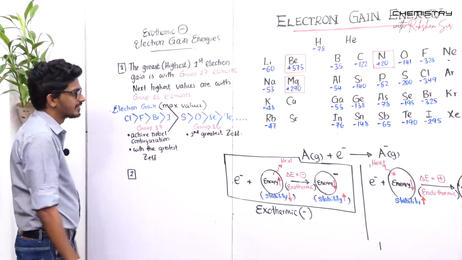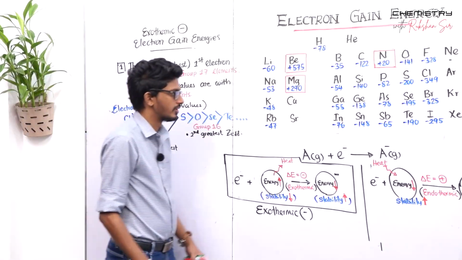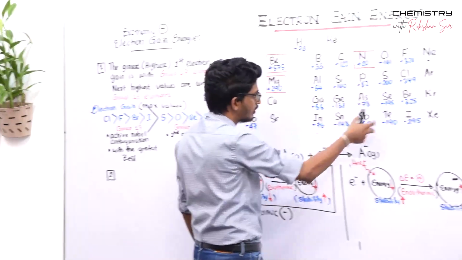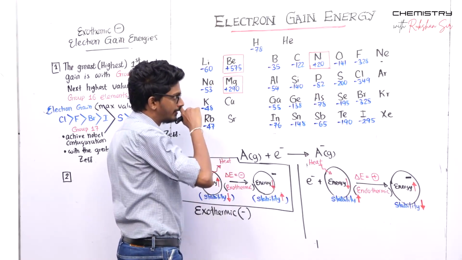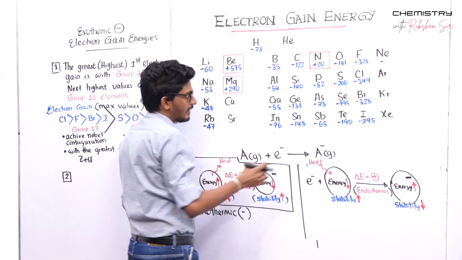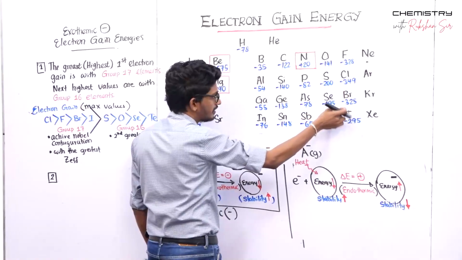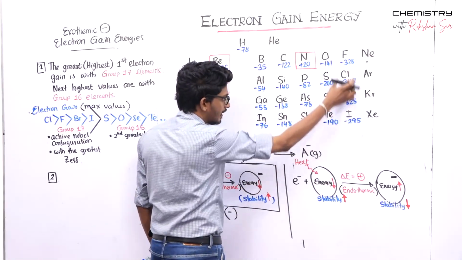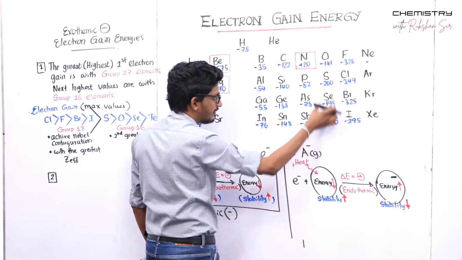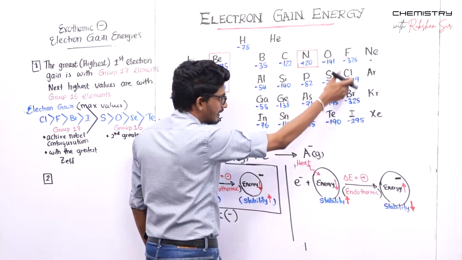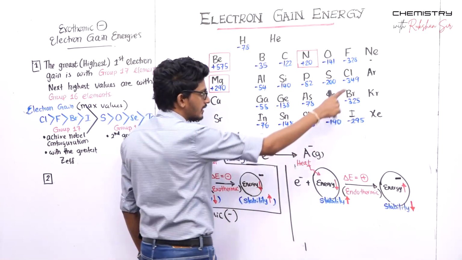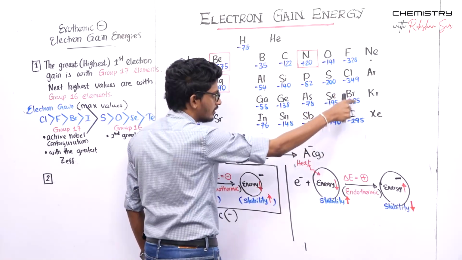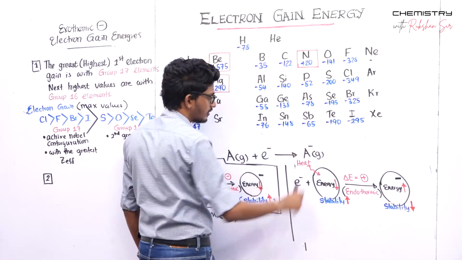The next point I'm going to discuss is what will happen going down a group. Normally you will see, when concerning the third, fourth and fifth periods, the first electron gain gradually decreases going down. The magnitude decreases going down.